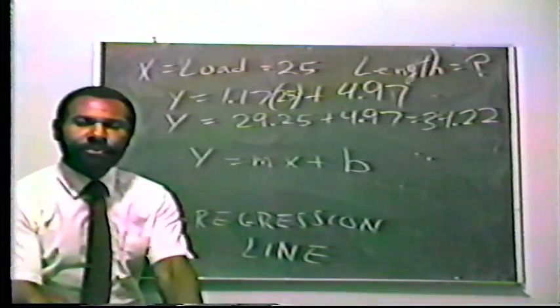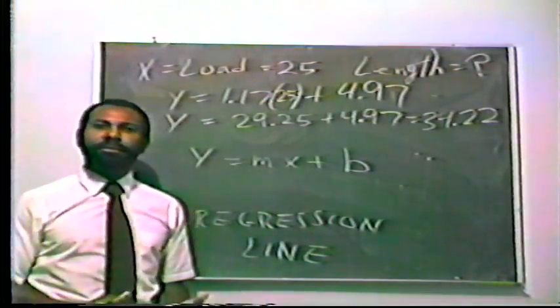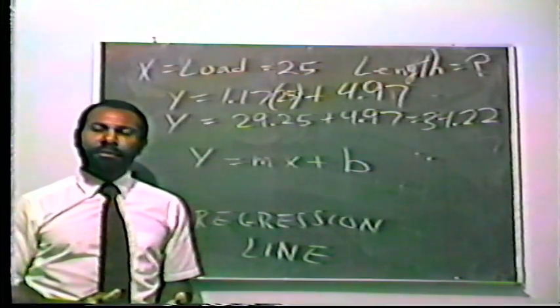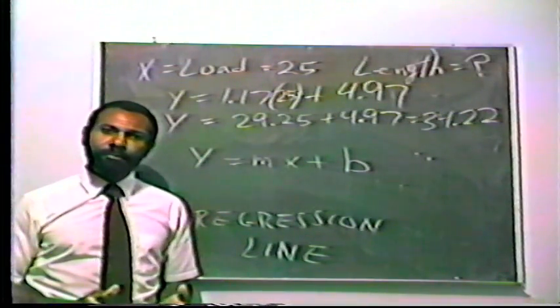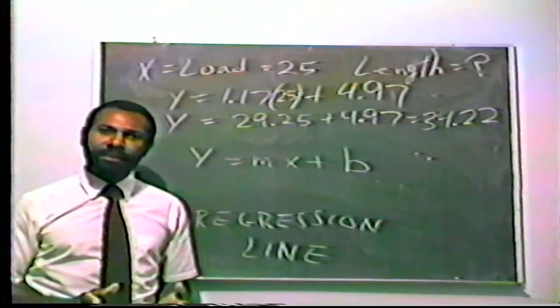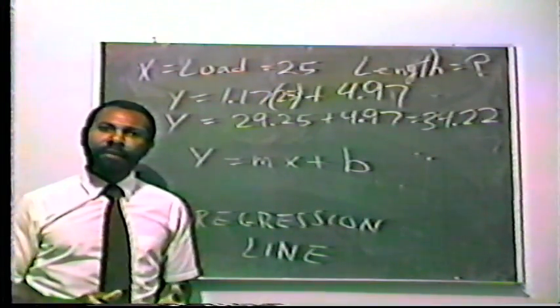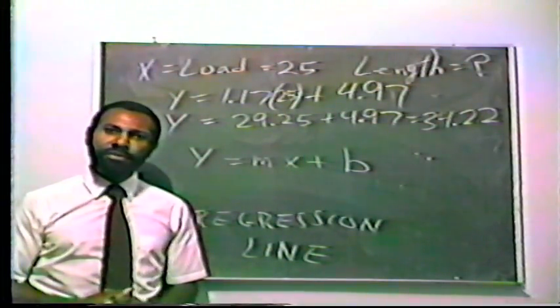And after you substitute those numbers in there, you have the equation of the line of best fit, and thus you have completed your regression analysis.